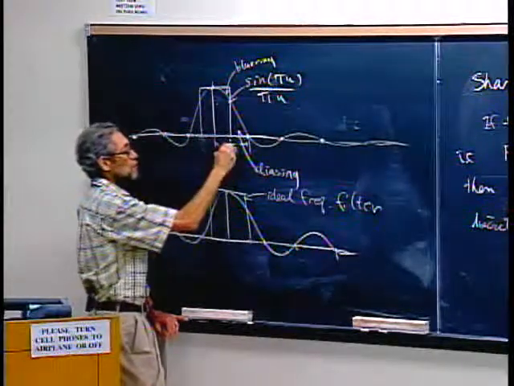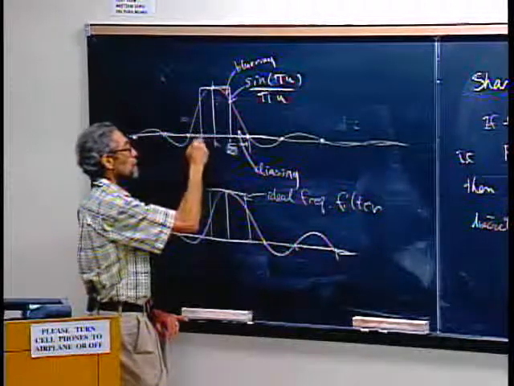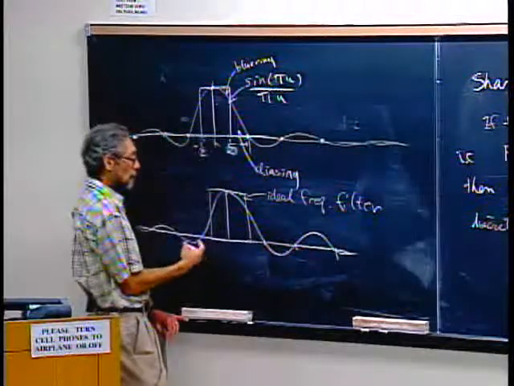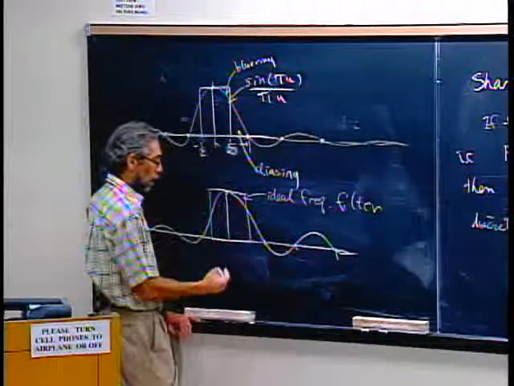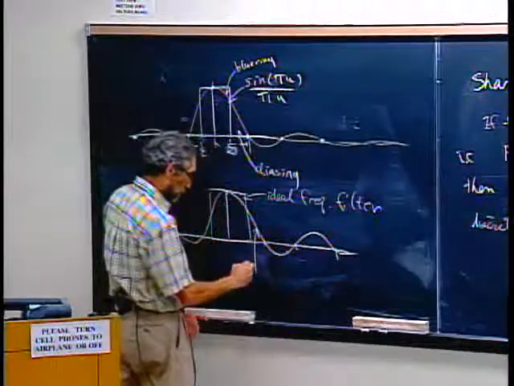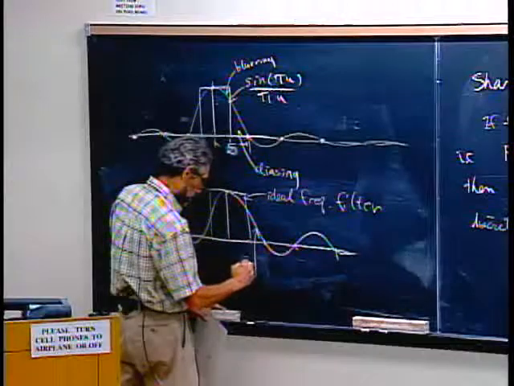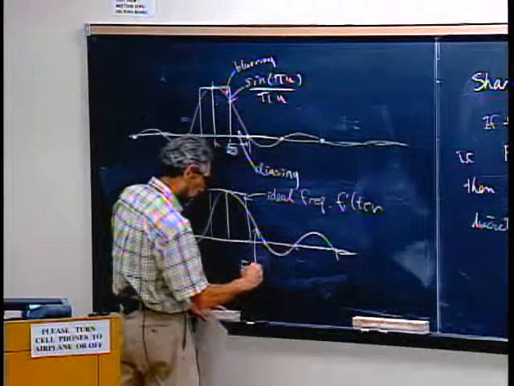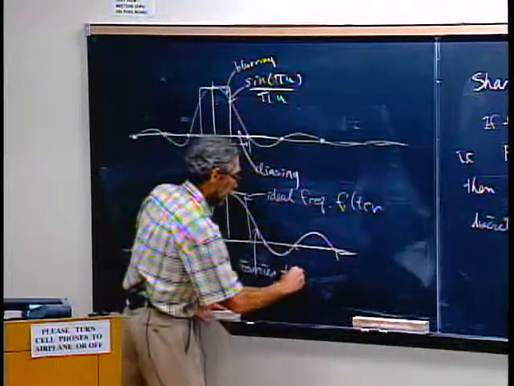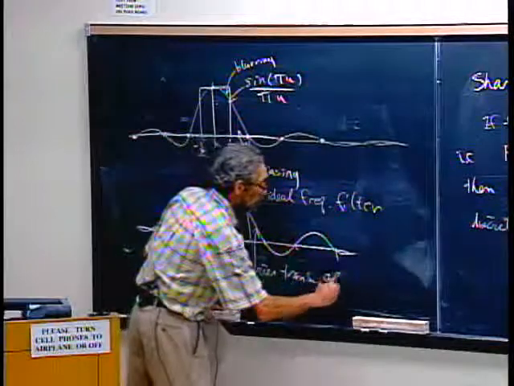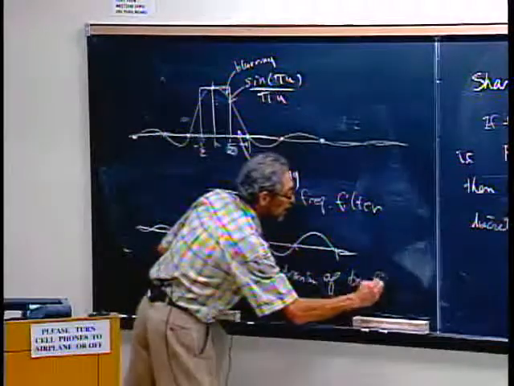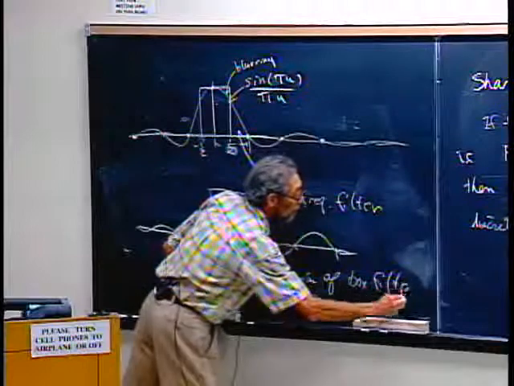If this is pixels, this is 1 over 2x. It should be a half and minus a half. That corresponds to a filter. So this is the Fourier transform of the box filter. That corresponds to the integral I did before.